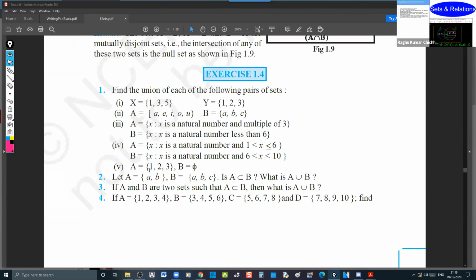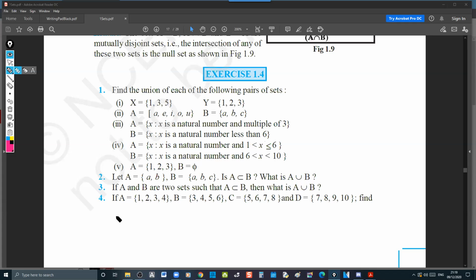Come on, tell me A intersection B, please. Sir, 3, 4. What is B intersection C? 5, 6. B intersection D. 7, 8. A intersection B intersection C. So that's 3, 4, 5, 6.